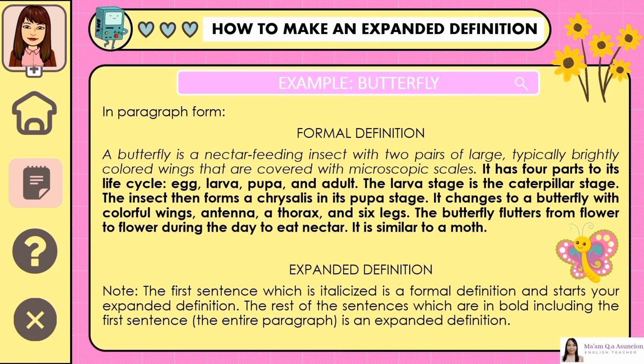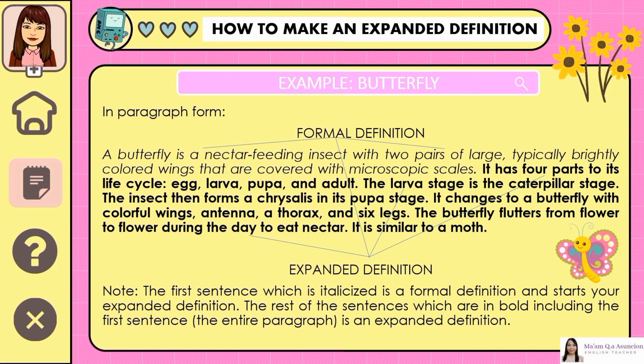In paragraph form, a butterfly is a nectar-feeding insect with 2 pairs of large, typically brightly colored wings that are covered with microscopic scales. It has 4 parts to its life cycle: egg, larva, pupa, and adult. The larva stage is the caterpillar stage.